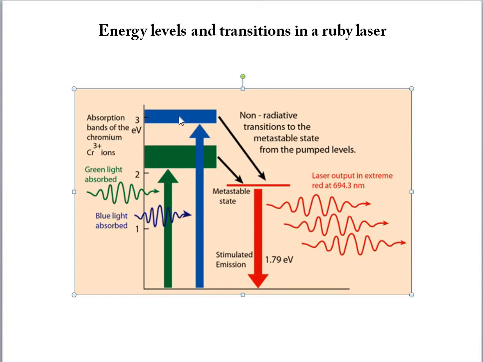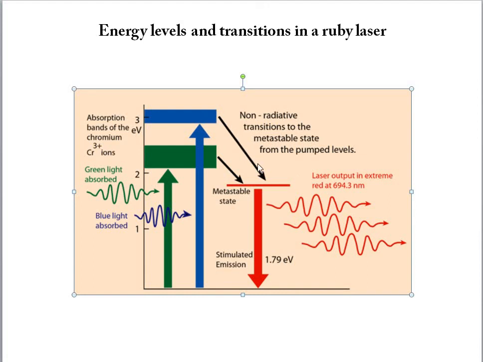The time period in these two levels is very low. As a result, there is no chance for spontaneous emission. So they are de-excited to another state which has a longer lifetime, and that state is known as the metastable state.